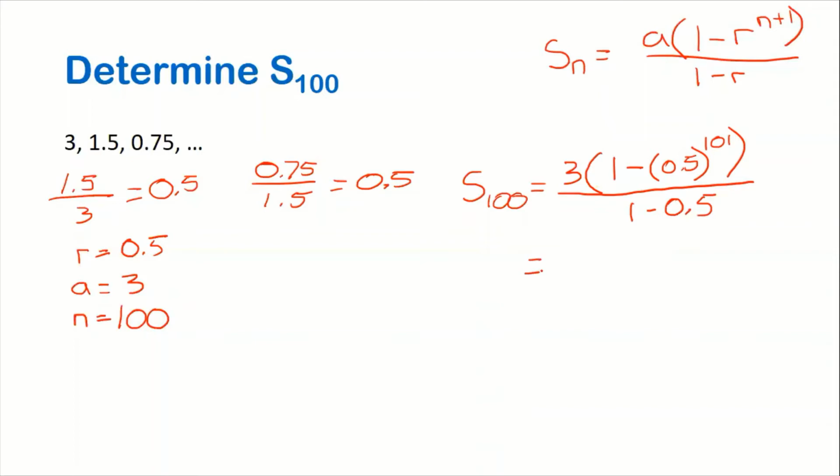Again, all we do now is we take out our calculator and we solve. So 0.5 to the exponent 101 is an extremely small number, 3.9 times 10 to the minus 31. All over 1 minus 0.5, which is simply 0.5.